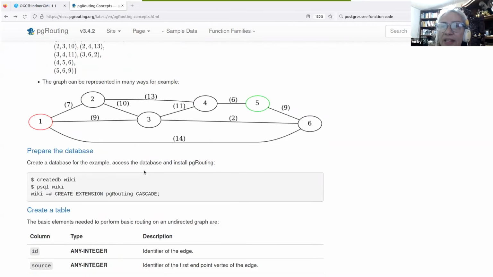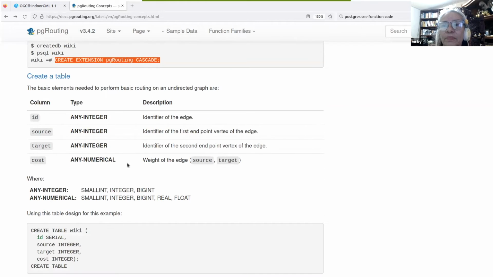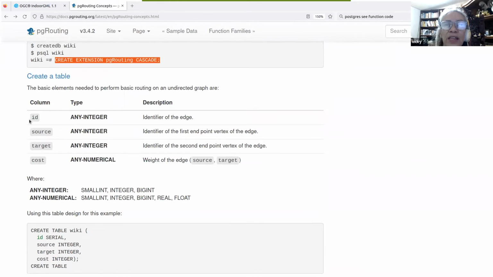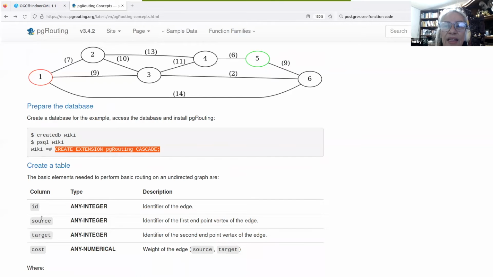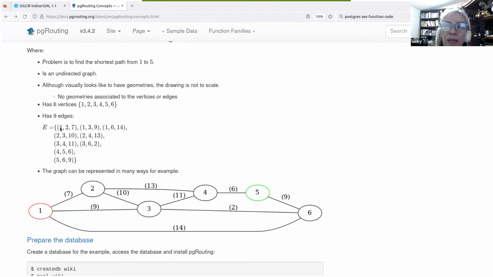So let's prepare the database. And when you run it, please create the database, and create the extension of pgRouting. And we're going to create the table with ID, source, target, and cost. Why? Because we have the source, the target, and the cost.